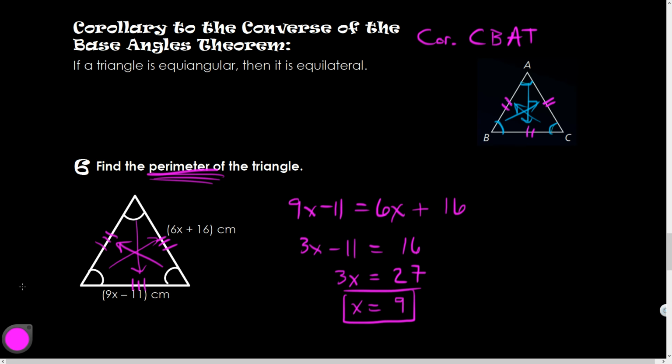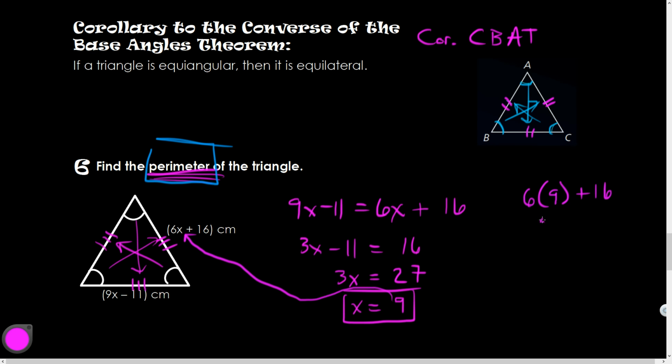Now, that's the value of x, but let's find this perimeter. So if x is 9, let's throw that 9 into one of these x's. I'll throw it into this one. So 6 times the 9 plus the 16.